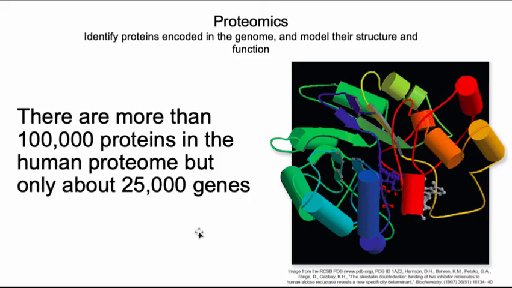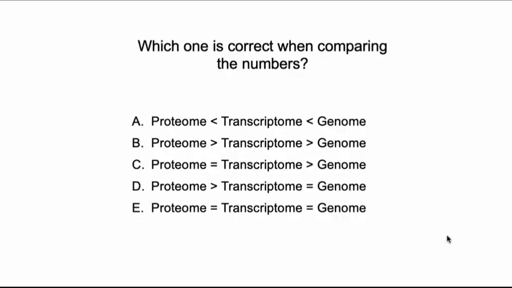It's a big difference, and the reason why that can happen is because the same gene can be transcribed and then edited in different ways by alternative splicing, producing different types of proteins. So based on that, what do you think is bigger in terms of number of types? Number of genes in the genome, number of RNA transcripts in the transcriptome, or number of proteins being produced in the proteome?